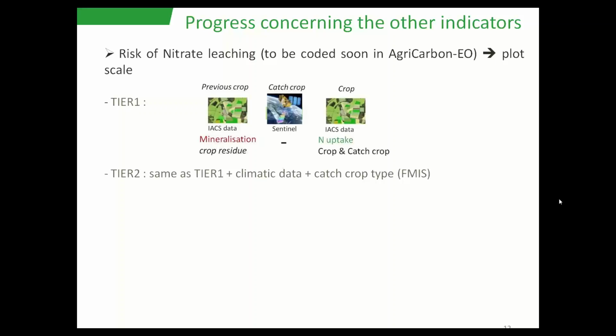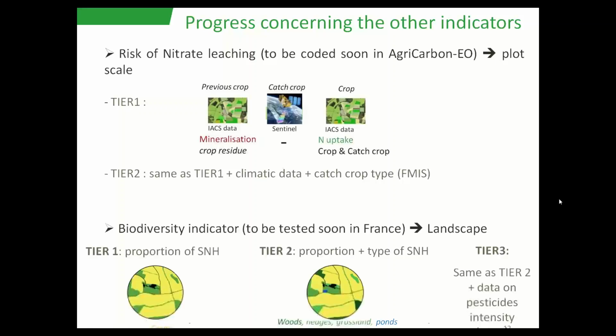It is an approach that was developed within the frame of another European project called Diver Impact. And the tier 2 approach is the same as tier 1, plus it accounts for some climatic data and the type of catch crop, if we can have access to that through the FMIS.